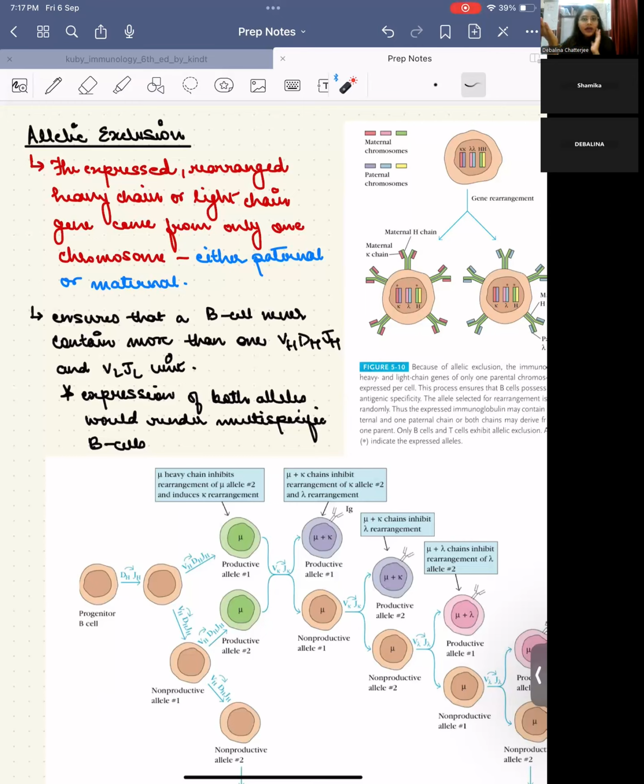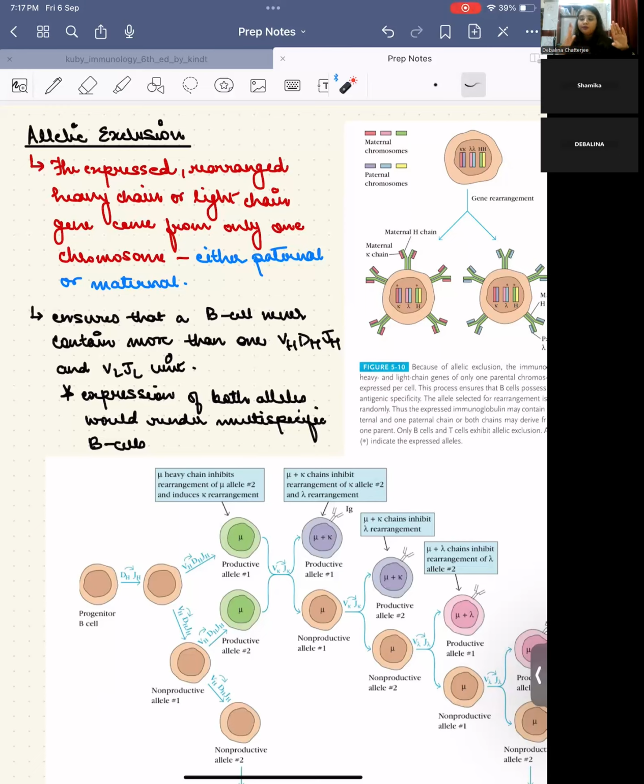But if the paternal kappa recombination forms a non-productive, non-functional transcript, we do not have a product to signal for stopping the recombination. Hence, it is given another chance to undergo recombination. If it again results in a non-productive recombination product, now your maternal allele is switched on and given a chance to enter recombination.